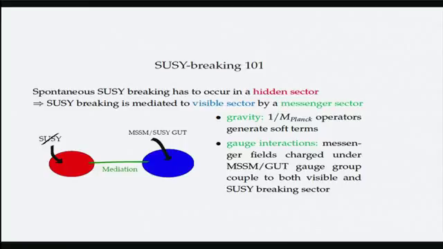What is usually discussed in the string theory literature is two mechanisms. Most of the time people look at dynamical SUSY breaking in the context where you have some SUSY breaking sector, and you have the MSSM, and then there's some way to mediate the SUSY breaking. This is either done by gravity interactions or by gauge interactions.